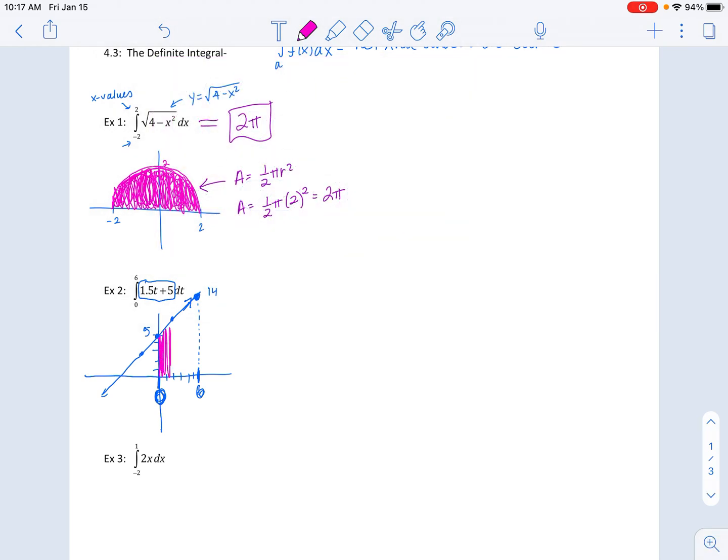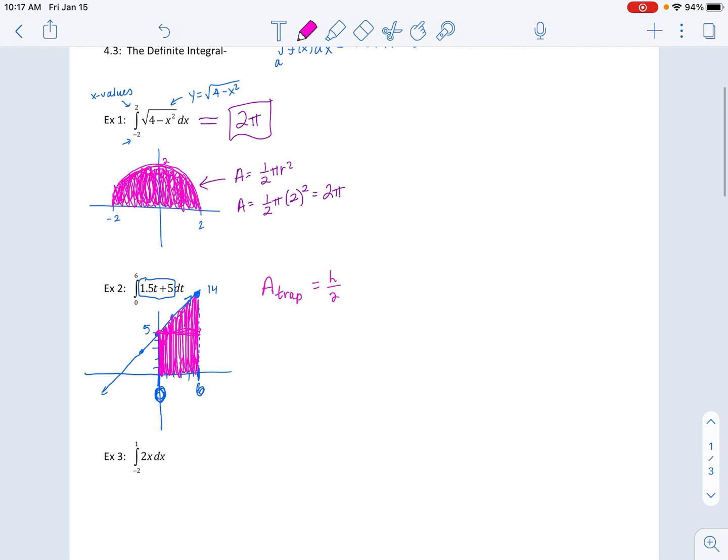This time we get a new shape. I want you to think about what shape this is. You could split it up into a square and a triangle, but we're going to try to do it as an actual trapezoid because that'll help us with our work later. So think about the area of a trapezoid. What is that area formula?